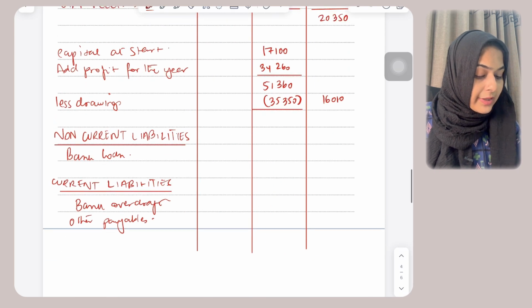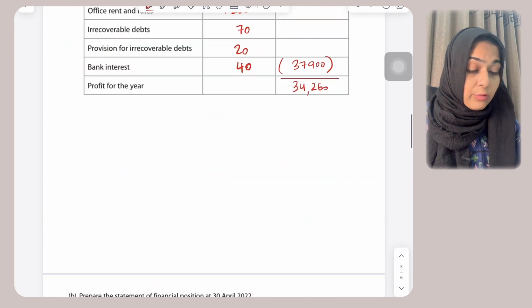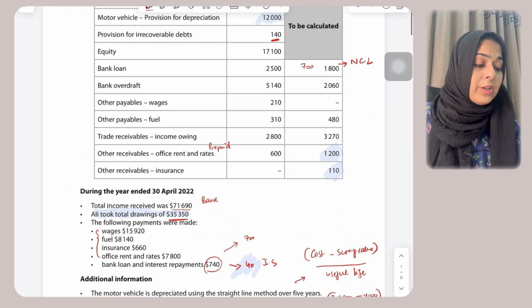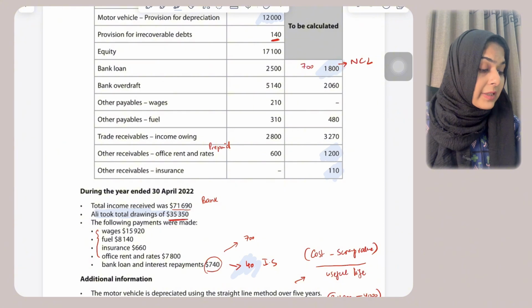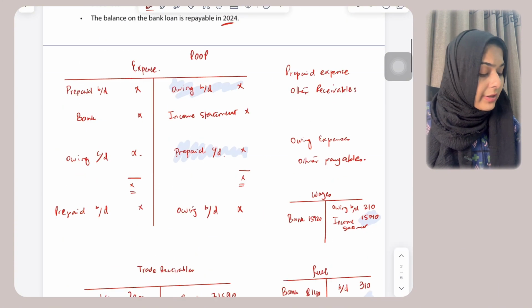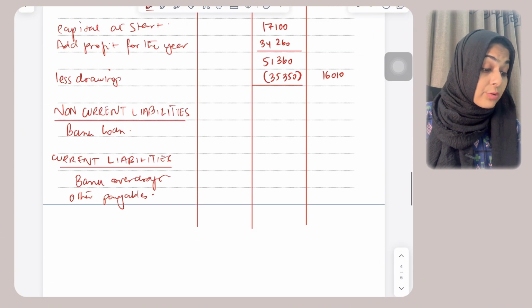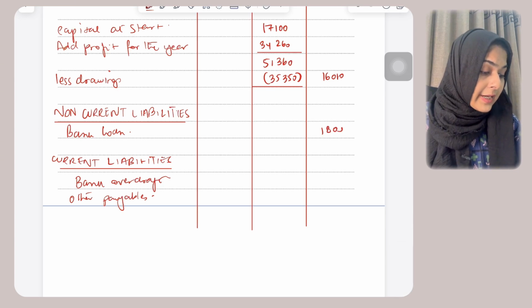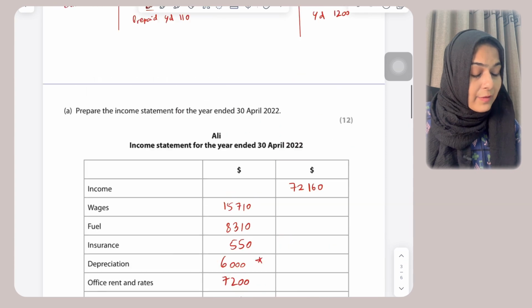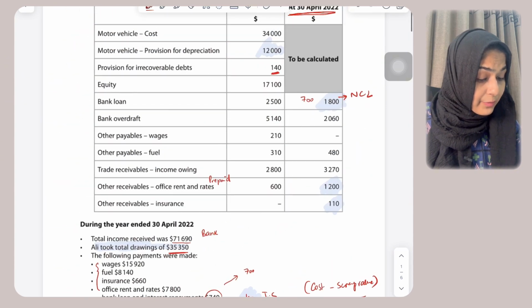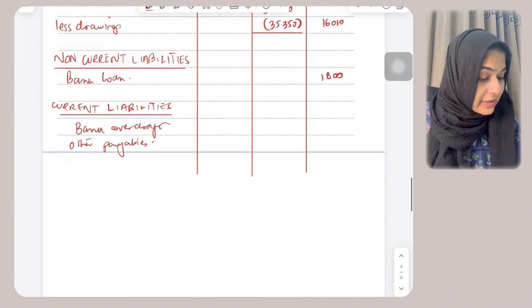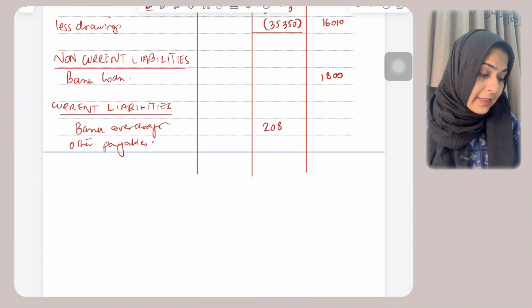Then in the non-current liabilities section, I have a bank loan. During the year we did repay 700 of the bank loan, and at the end of the year we are left with 1,800 as my non-current liability, which is repayable in 2024. This was written in the details in this question. So I'll write here 1,800. And then we have a bank overdraft at end, which is 2,060. I'll write 2,060 in the second column.